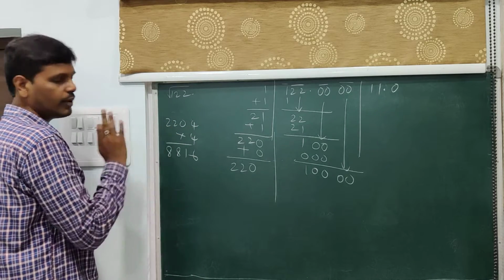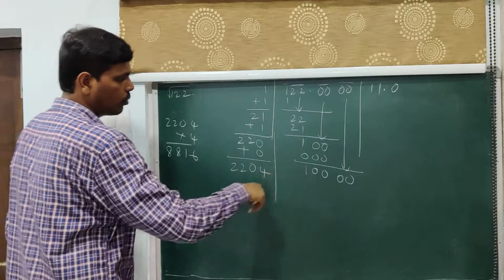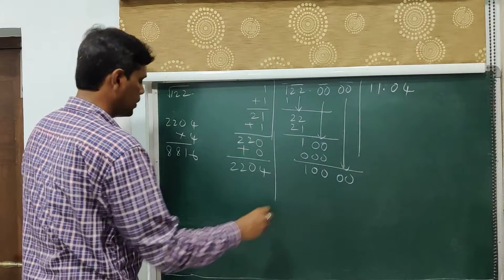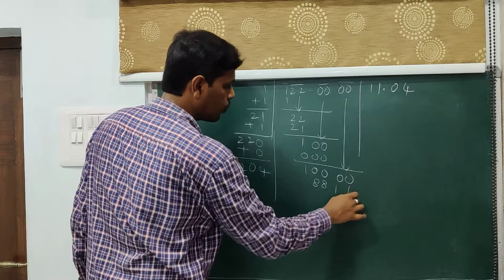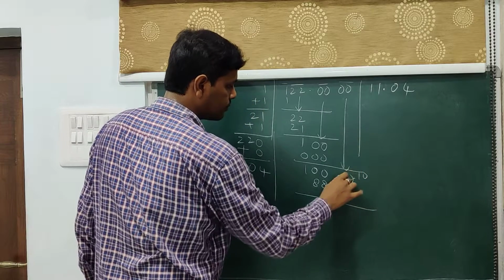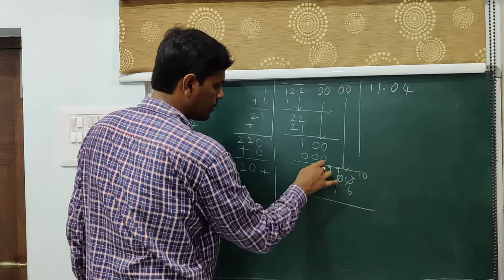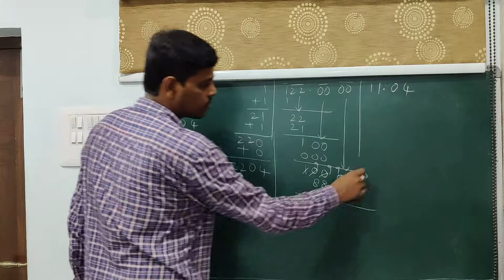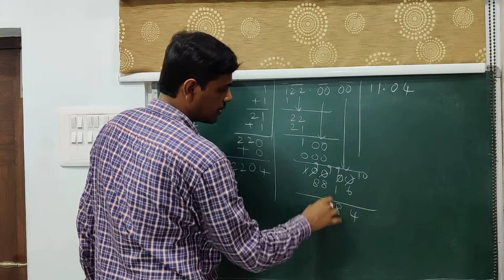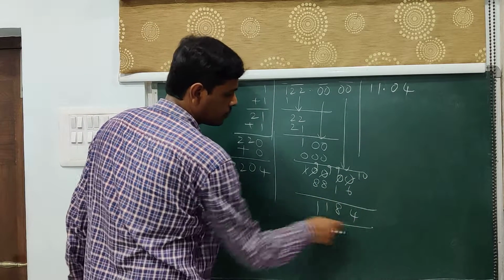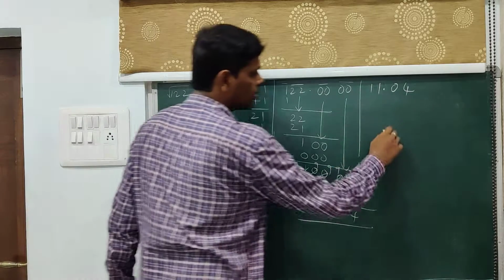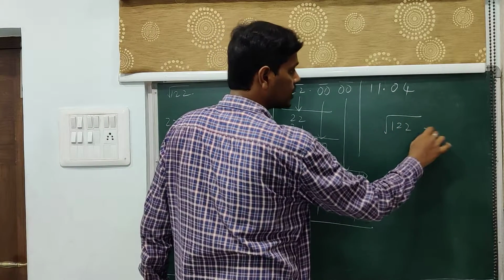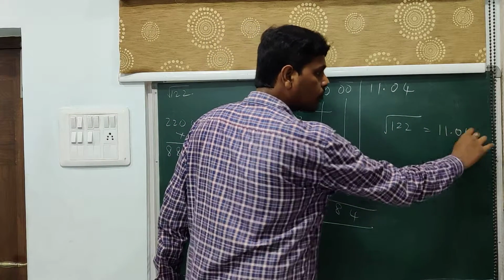If I take 5, it will be more than that, so I am going with 4. Then this is 8, 8, 1, 6. Subtract it. 10 minus 6 is 4, 9 minus 1 is 8, 9 minus 8, 1. So finally you can say that square root of 122 is approximately 11.04.